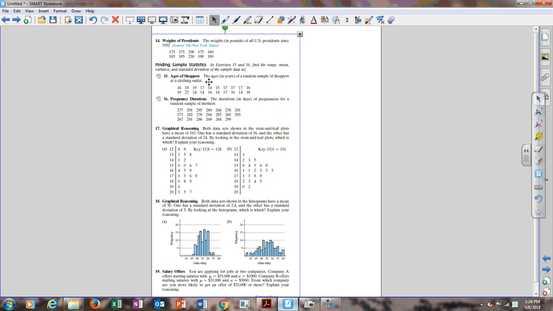Number 16. Put it all in again. It's really boring, tedious work because you're just putting it all in the calculator.